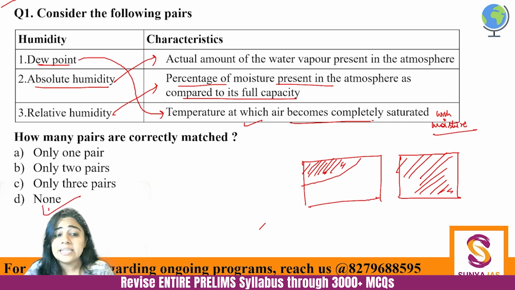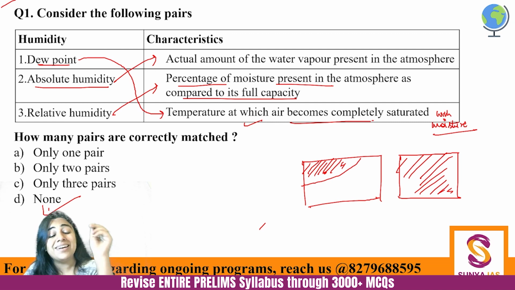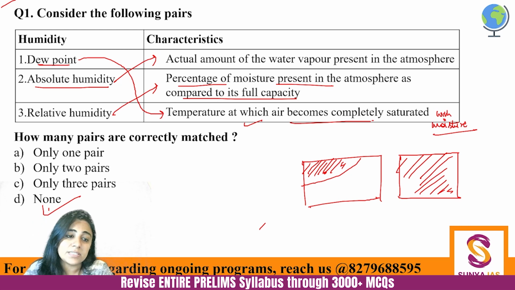But all three of them are important concepts we should know, because, for example, when you want to predict rainfall, you study the relative humidity, and if relative humidity is somewhere about 95%, then it's going to rain soon, right? So these are the applications of these concepts, and that's why an administrator needs to know these concepts, right?